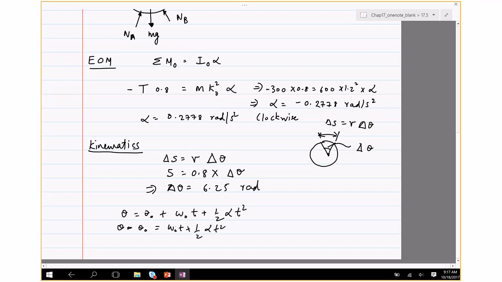I think you're given that the initial velocity is 0. So 6.25 equals half times alpha, which is 0.2778, times t square. You can solve for t, and it comes out to be 6.71 seconds.